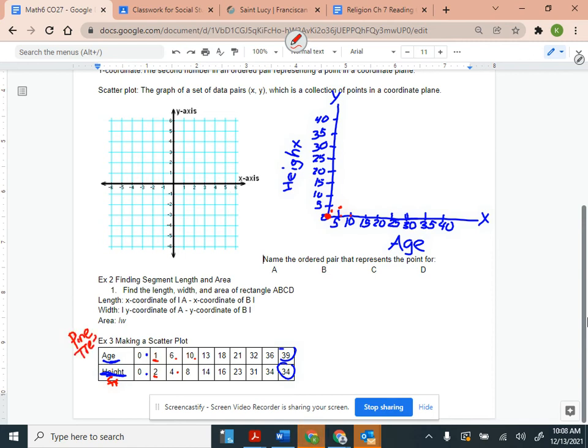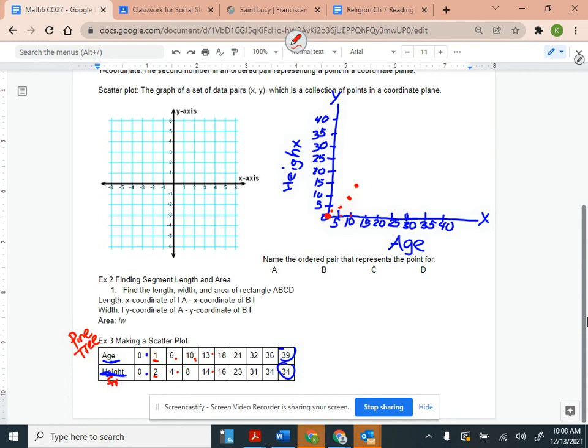When the pine tree is 6 years old, it would be 4 feet tall. When it's 10 years old, it would be 8 feet tall. So 10 years old, we would go up to 8 feet. 13 years old, it would go up to 14 feet.